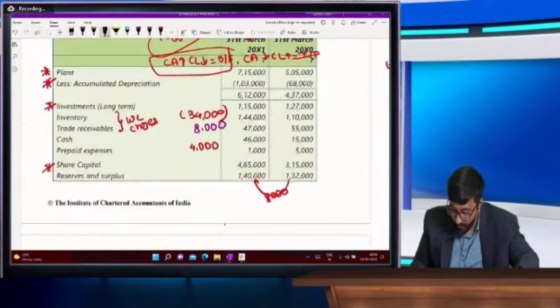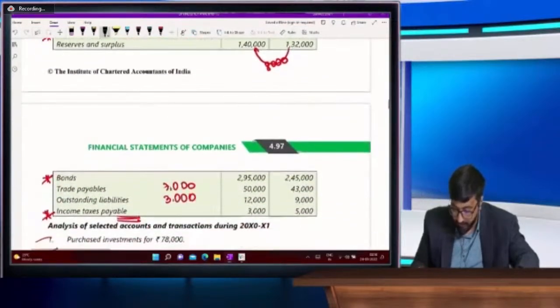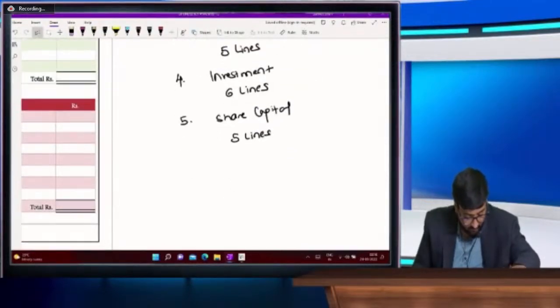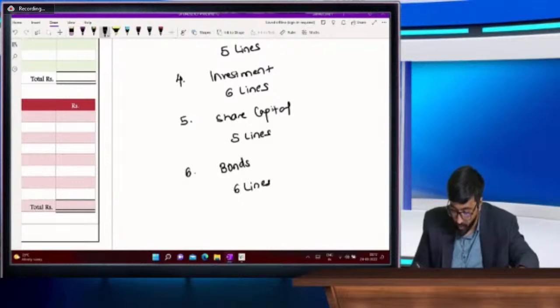After that, you have share capital, 5 lines. Prepare it for 5 lines. Sixth one is bonds, 5 lines.